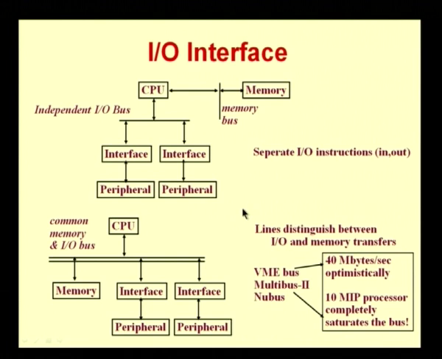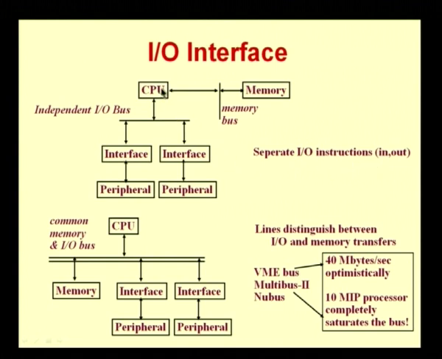So, let us look at what will happen in the case of memory mapped IO and in the case of IO mapped IO. Look at this. The CPU is there, and you can have a separate memory bus and an independent IO bus. This is the example of separate IO instructions, that is, IO mapped IO.